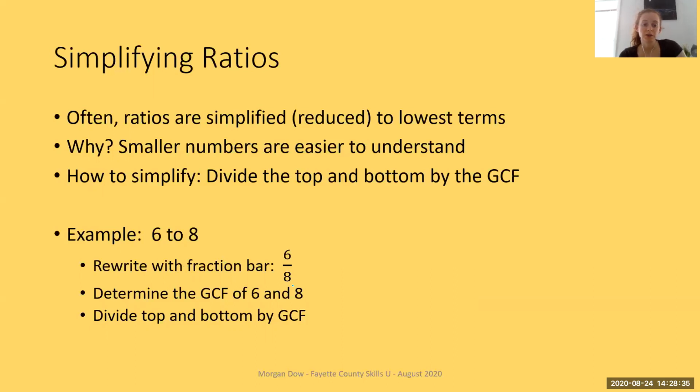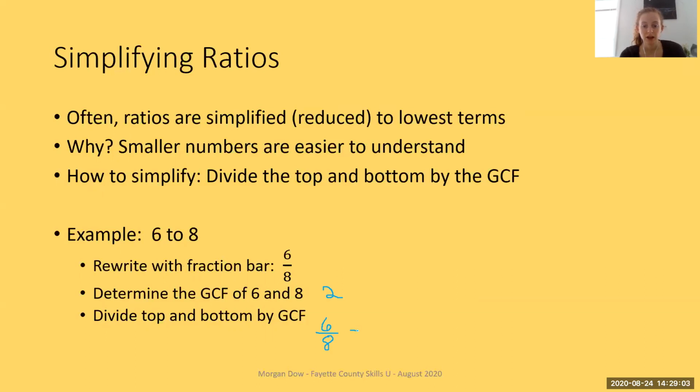Next thing I'm going to do is determine the GCF of 6 and 8. So take a moment to think about the GCF of 6 and 8. So the GCF of 6 and 8 is 2. That's the largest factor that they both share. And so finally, I will take my ratio and simplify it using the GCF.